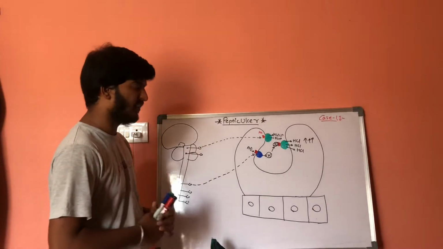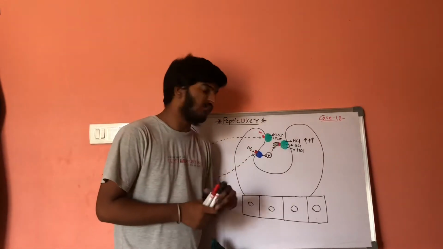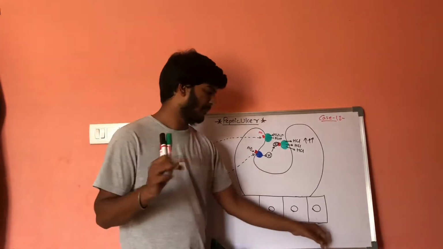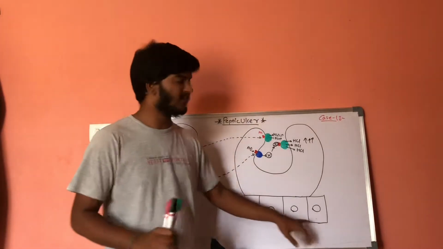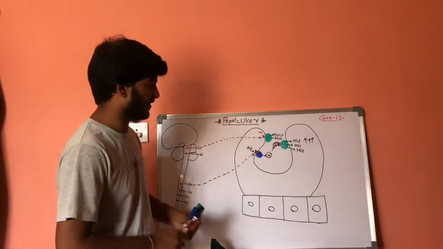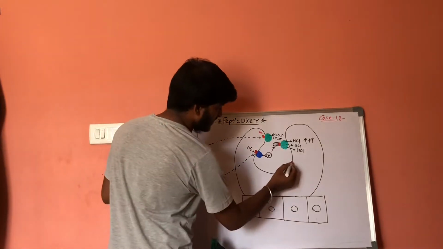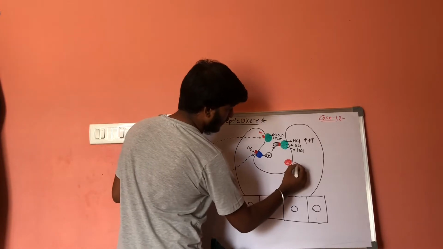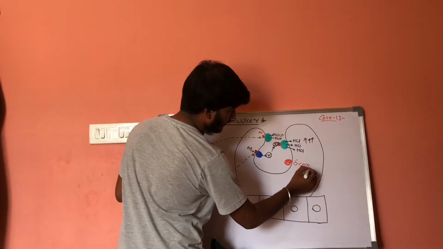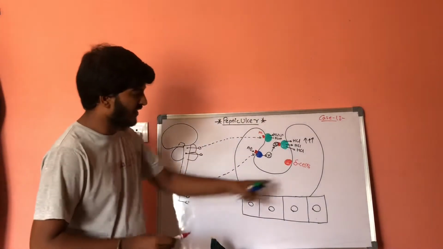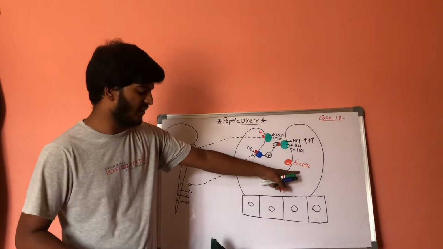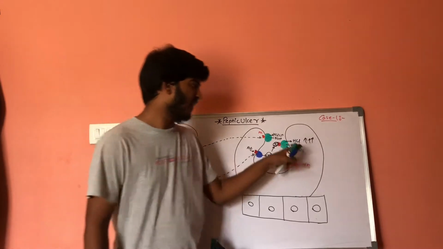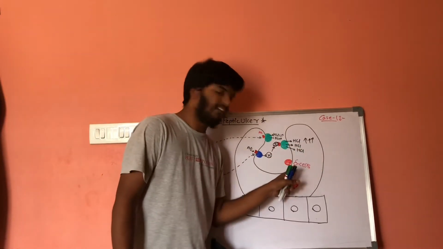As we know, on the surface of pyloric mucosal cells, there are special cells present. These special cells are called delta cells. Because of the HCl, it will activate the delta cells.